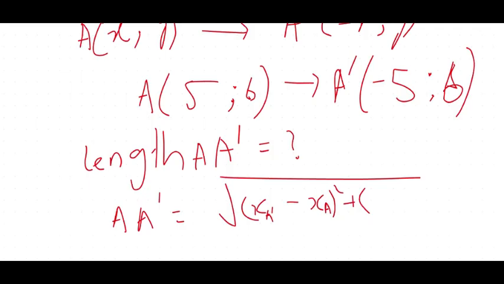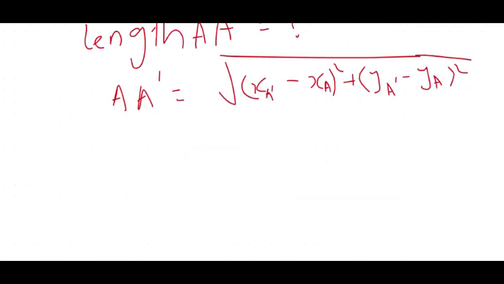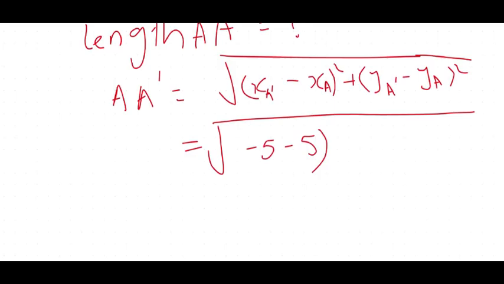I just put the values in this equation. We get (minus 5 minus 5) square plus (6 minus 6) square.